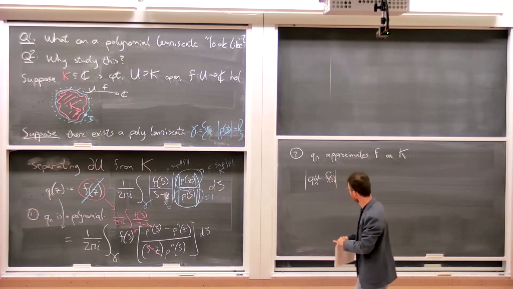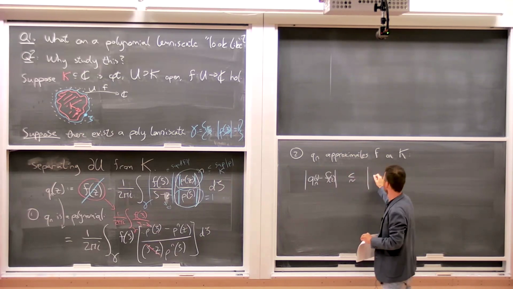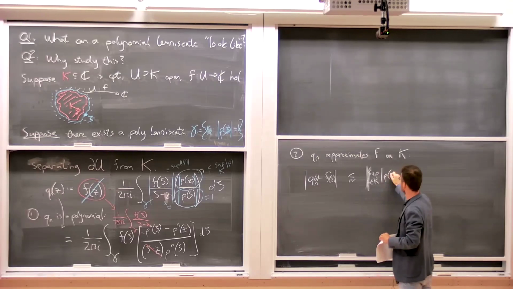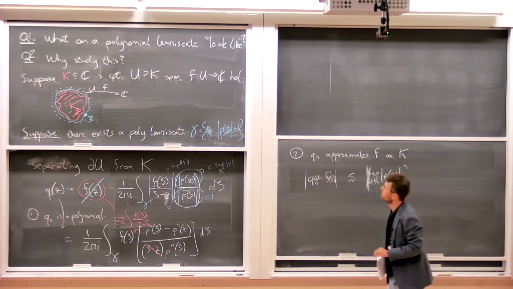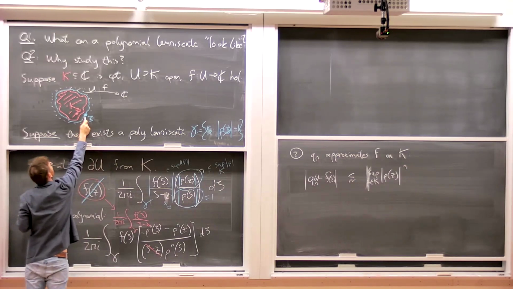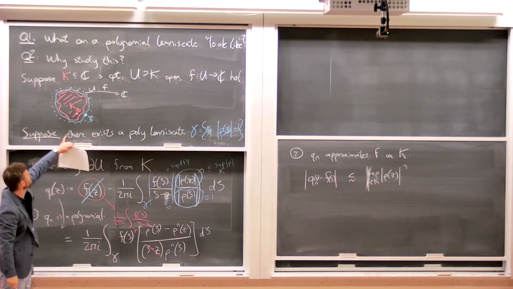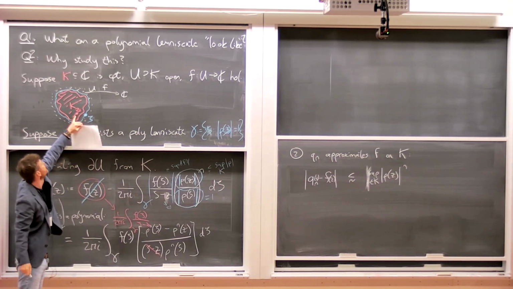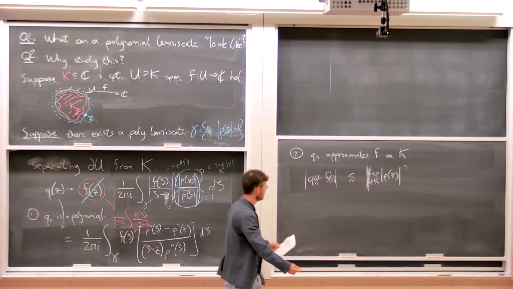So the bound here is whatever the bound of the modulus of the polynomial is over the compact set. So all of this just gives us that up to a constant, this is bounded by whatever the sup is over K, the polynomial raised to the nth power. And just by the maximum modulus principle, if P has absolute value 1 on this curve, then P has absolute value strictly less than 1 on this compact set, and that number is something strictly less than 1.